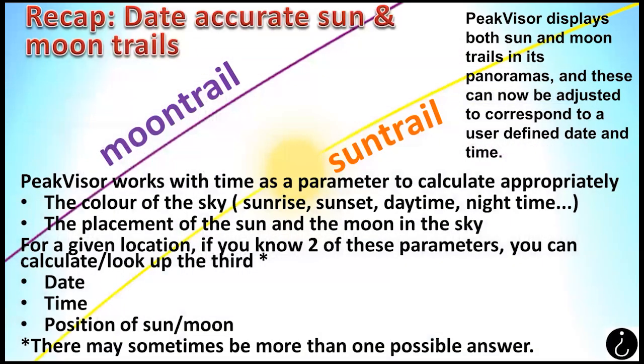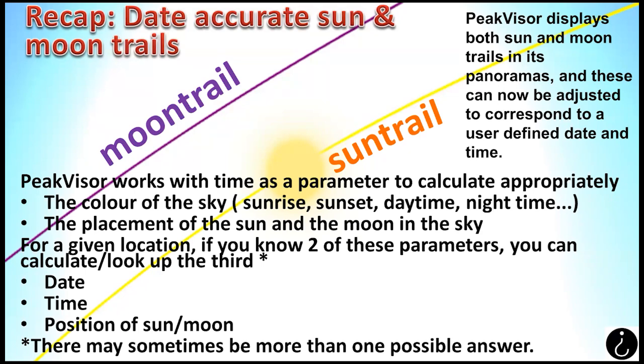And I think most of you will have come across Suncalc in some form because it allows us to use information in an image, which is either the position of the sun, but more likely it's going to be the position of shadows. PeakVisor now mimics what Suncalc can deliver, which is the relationship between the date and time, the position on the surface of the Earth, and the position of the sun and moon.